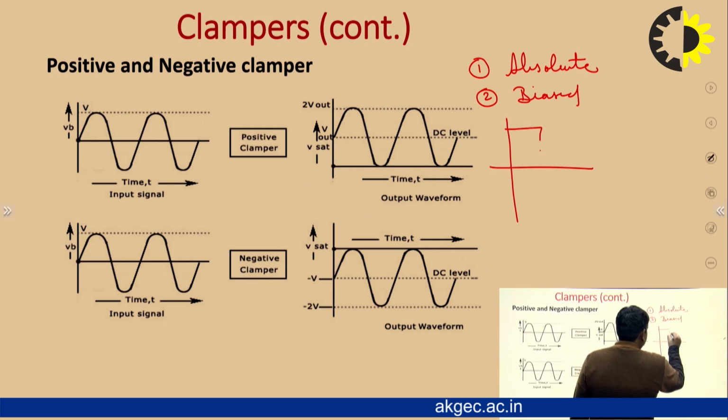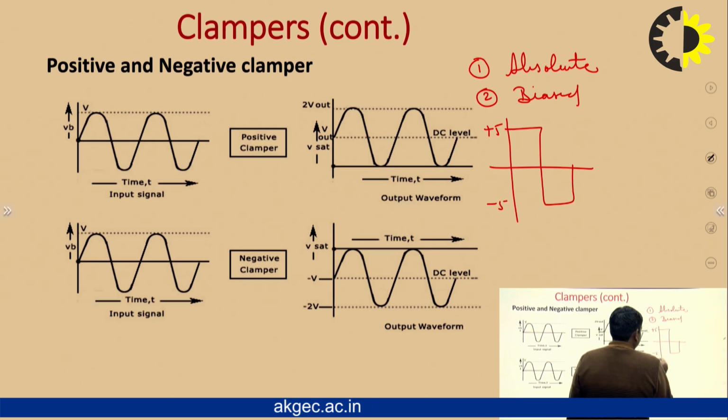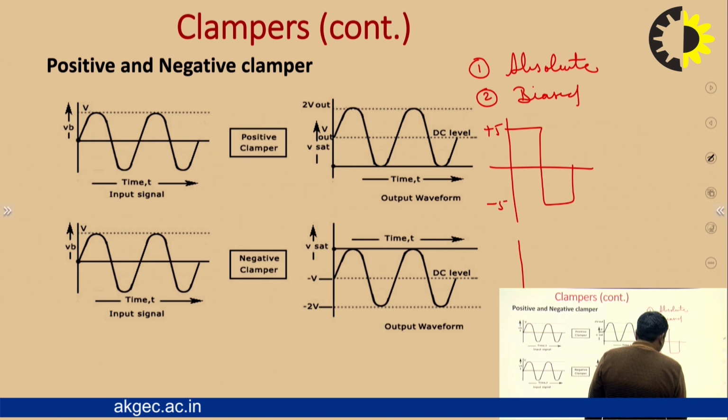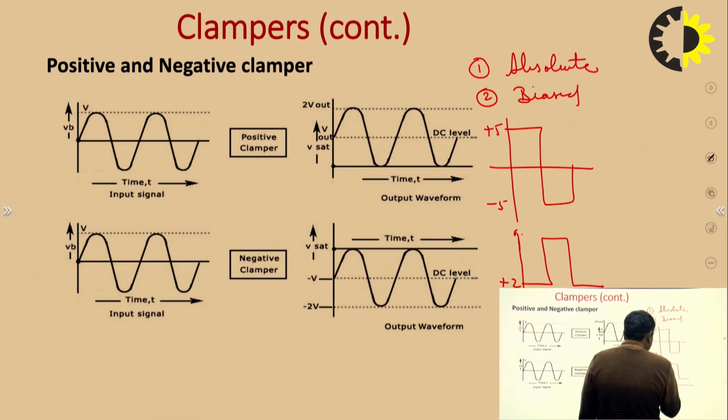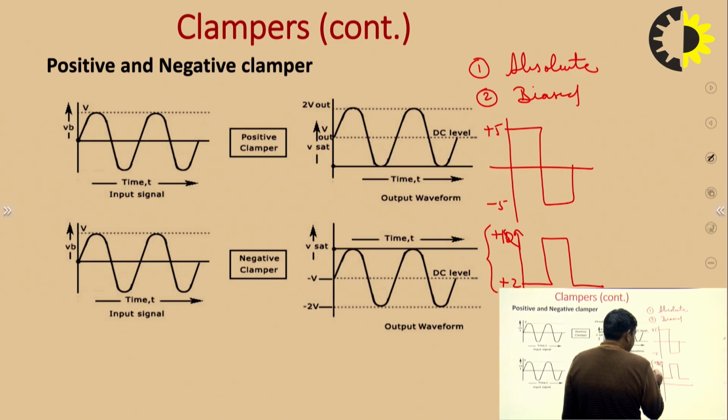the input voltage of a signal, plus 5 to minus 5 volt. By using the bias clamper circuit, if you want the signal to go from here to 2 to 8 volt, that means plus 2 to plus 8 volt, so the DC level is 2 to 12 volt. So the DC level is the same, 10 volt.